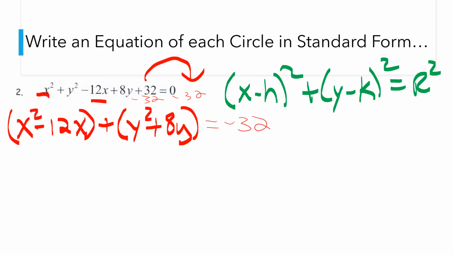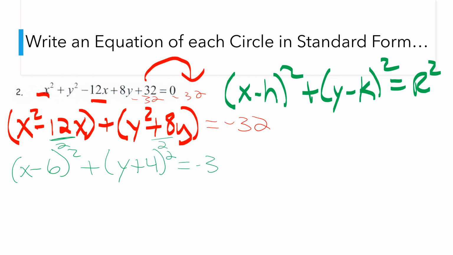And now let's start by completing the squares. So it's going to be x minus, half of this is 6, squared, plus y plus, it's a plus, half of this is 4, squared, equals negative 32. Again, at this point, the key piece to make it all work is we have to add the squares of these.